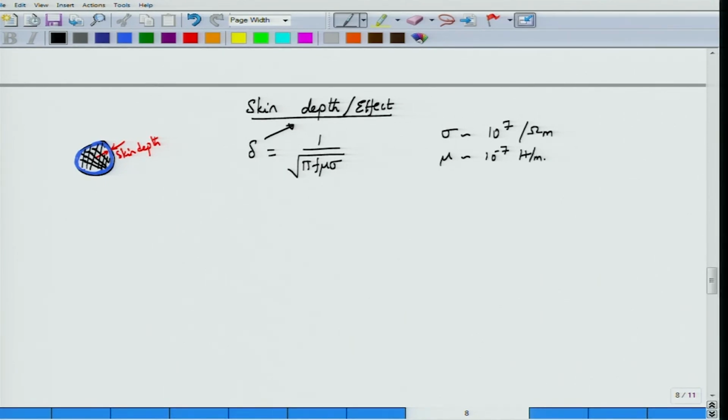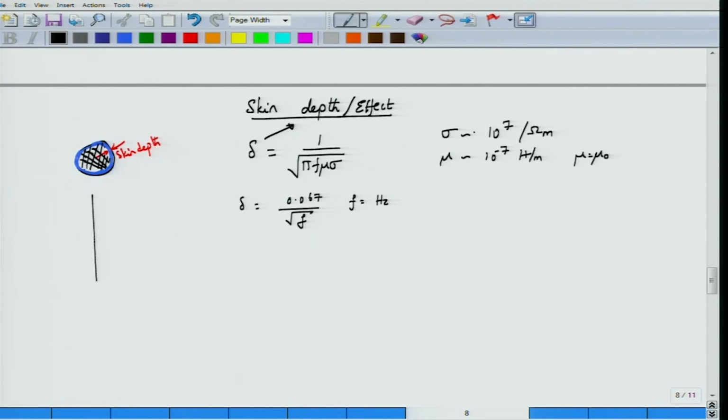This is for the case of mu equal to mu 0, which is what we are going to assume. The actual sigma is around 5.9 times 10 to the power 7. If you substitute all these values, you will get delta to be around 0.067 divided by the square root of f, where f is the frequency measured in hertz.